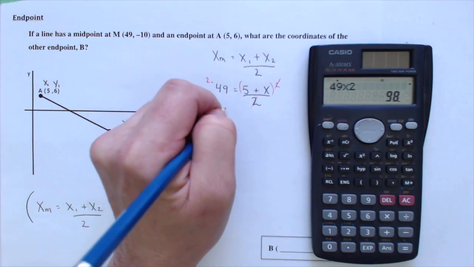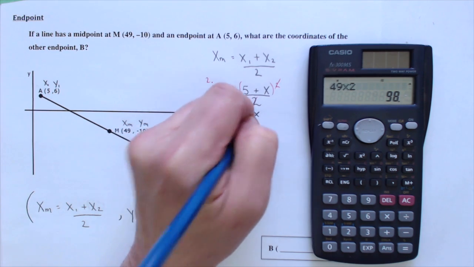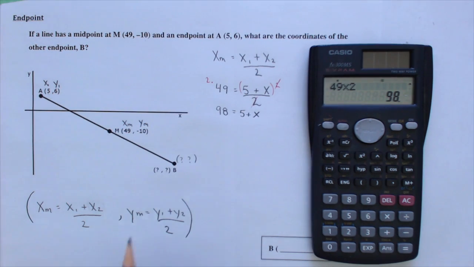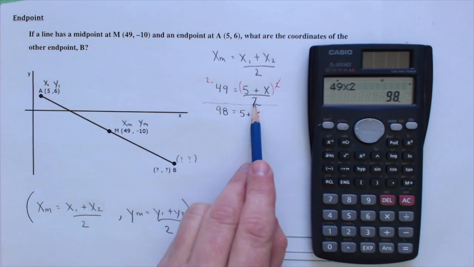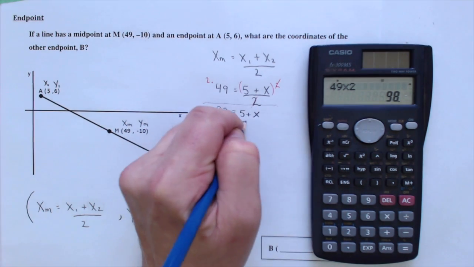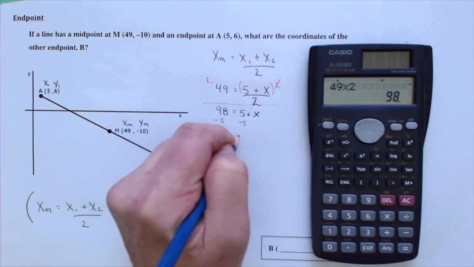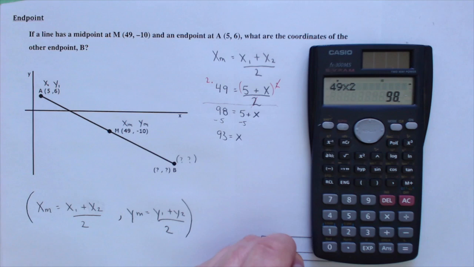So 98 is going to be equal to 5 plus x. So I've gotten rid of that bottom 2, the division, and now I'm just left with a nice subtraction to do. We're going to subtract 5 from both sides, and I'm going to be left with 93 is equal to x. So right away I can come down here and put that 93 in for the x.